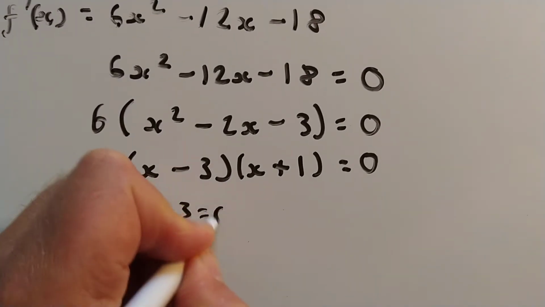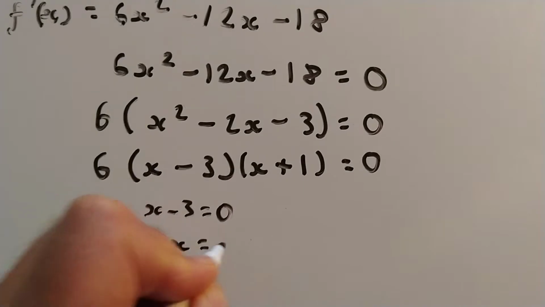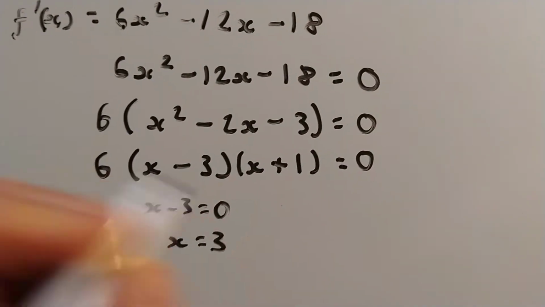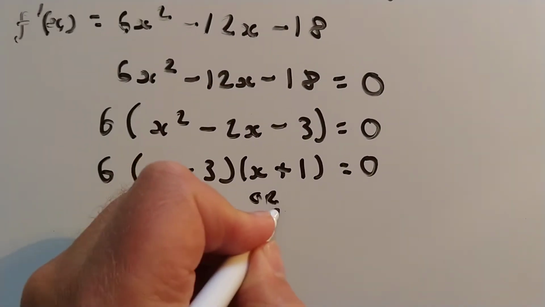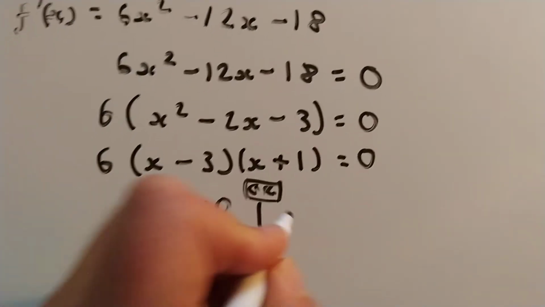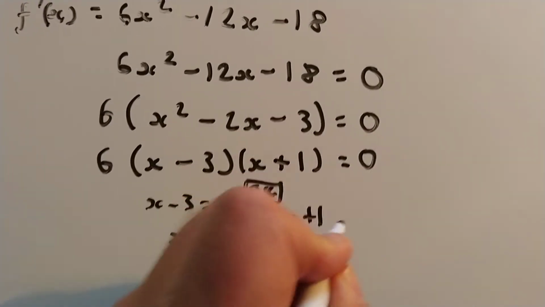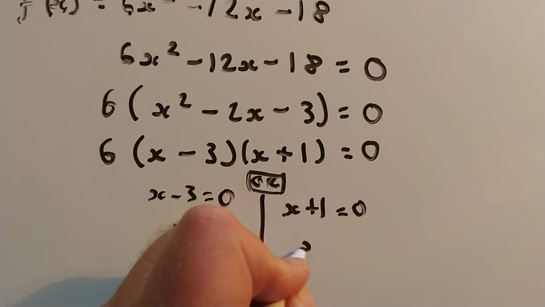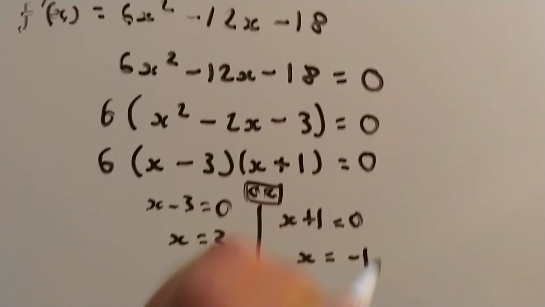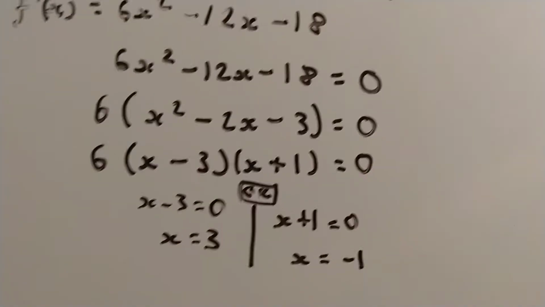So x take away 3 is 0. It says x must be 3 is a stationary point. Or x plus 1 equals 0. So x could be -1. That would also give me a stationary point.